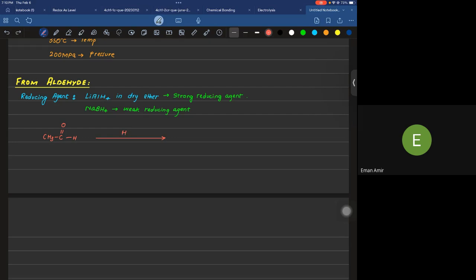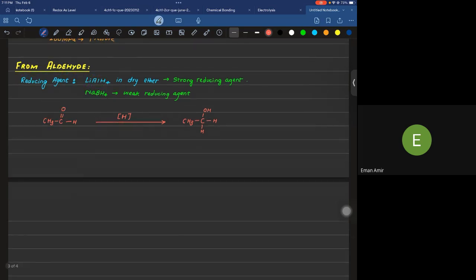Reduction means addition of hydrogen and removal of oxygen. So you will see that alcohol would be formed. And you know, this alcohol is a primary alcohol.